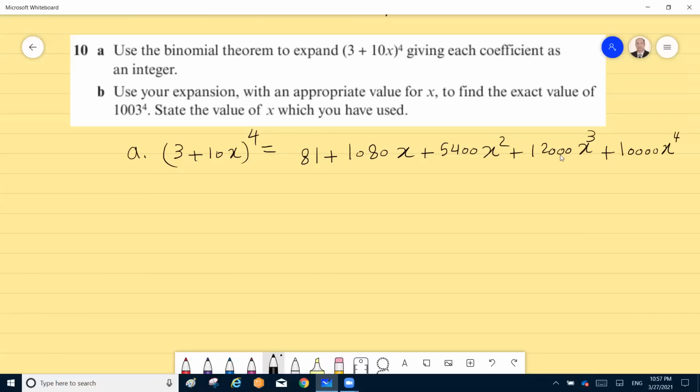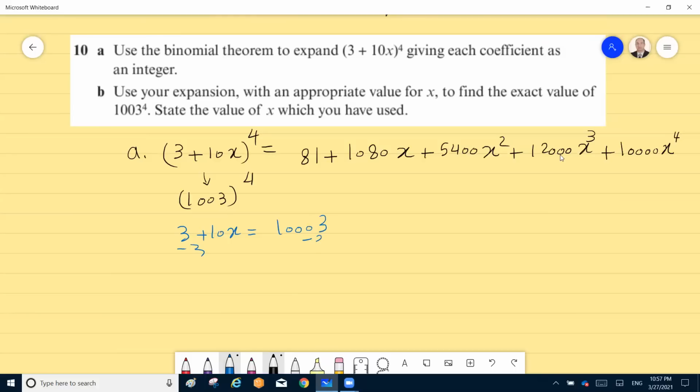Use your expansion with an appropriate value of x to find the exact value of this. State the value of x which you have to use. The same way as we solved here. I want to write, instead of this, 1003 power 4. So I set 3 plus 10x equal to 1003.